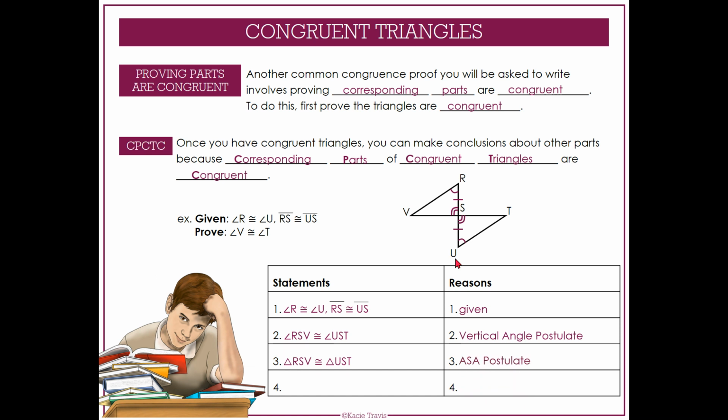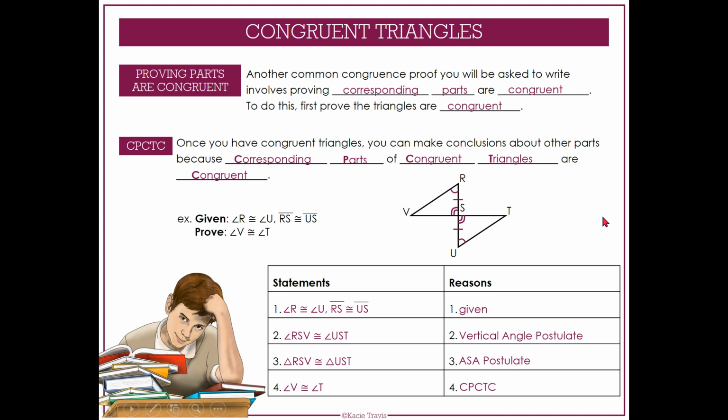Now that I know that these two triangles are congruent, I can then say that angle V is congruent to angle T because of CPCTC. So if I have two triangles that are congruent, then I can say that any of their parts that we haven't necessarily talked about are congruent based off of the fact that we already know that these two are.